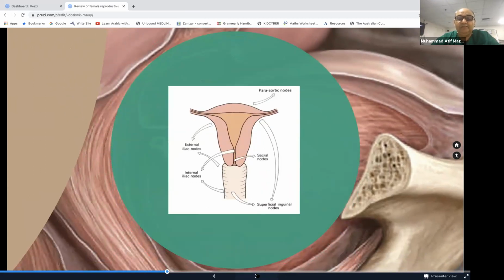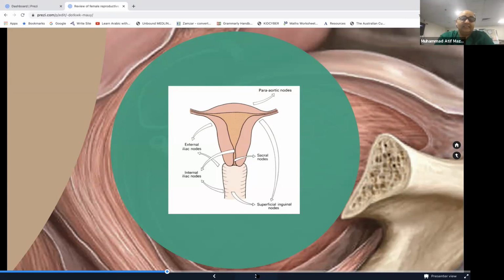Going further, this is another important concept. When we diagnose that someone has a malignancy, a cancer of the cervix, quite common, the next question asked by the patient and the family is how long this person will survive.